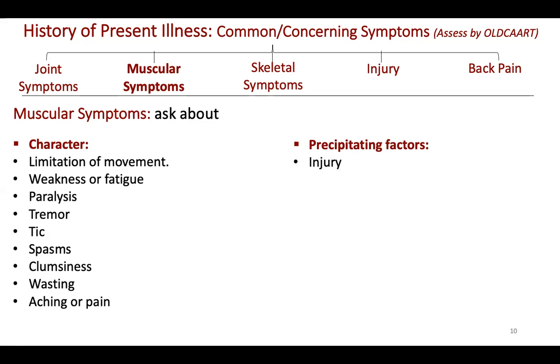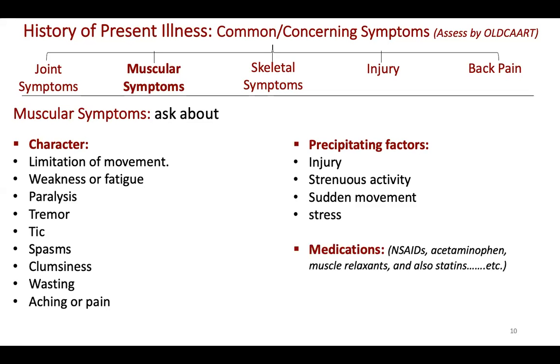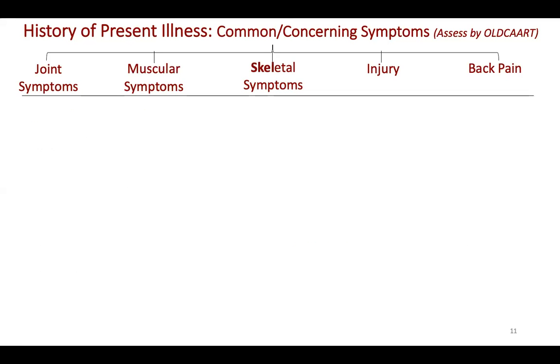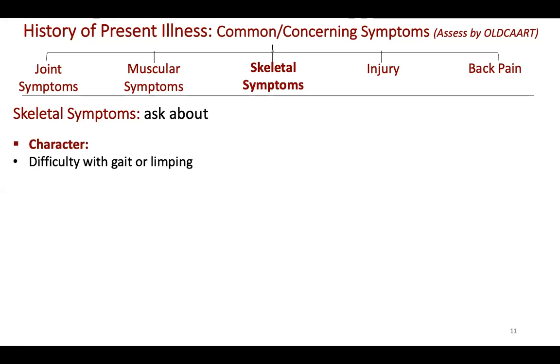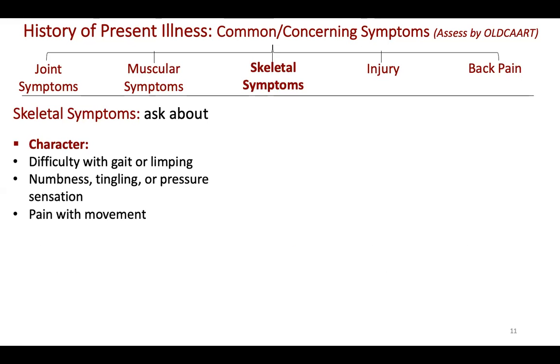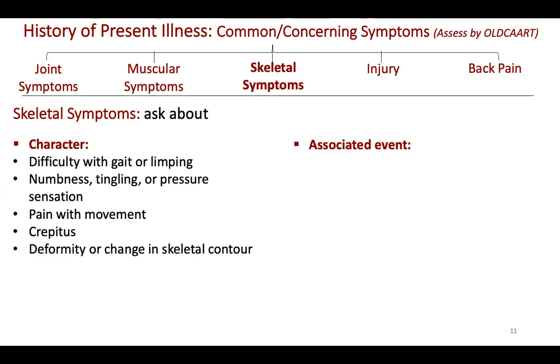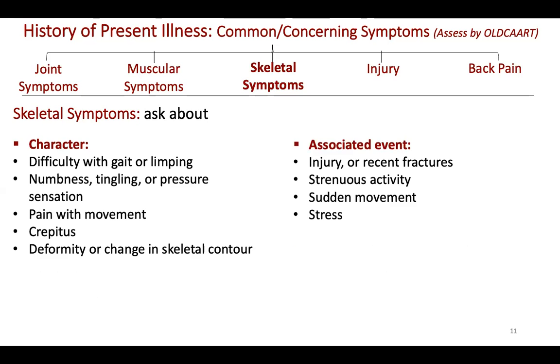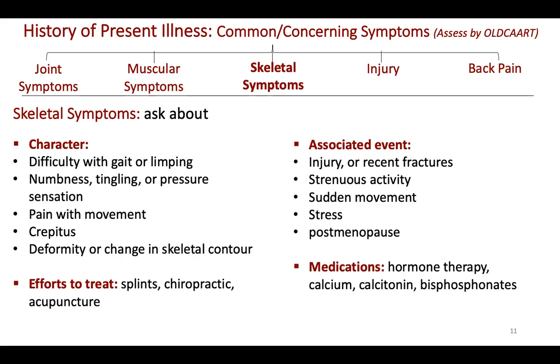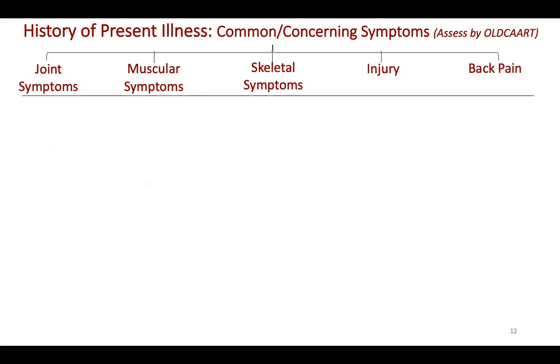Was it secondary to injury, or strenuous activity, or sudden movement, etc.? Skeletal symptoms are symptoms related to the skeleton, mainly your bones: difficulty with gait, limping, numbness, tingling, pressure sensation, pain with movement, crepitus, deformity or change in skeletal contour, and what are the associated events and efforts to treat and medications.